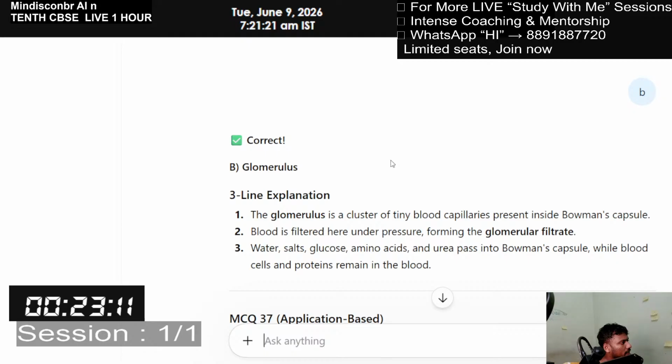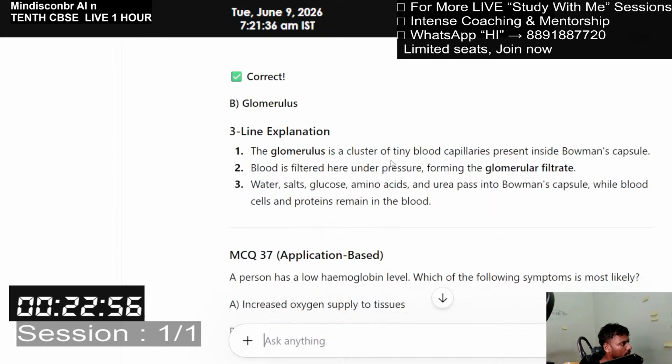The glomerulus is a cluster of tiny blood capillaries present inside Bowman's capsule. Blood is filtered here under pressure, forming the glomerular filtrate. Water, salts, glucose, amino acids, and urea pass into Bowman's capsule, while blood cells and proteins remain in the blood.